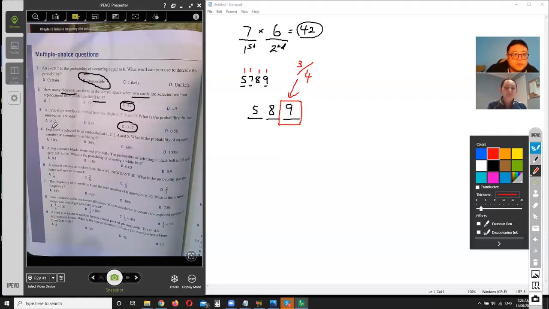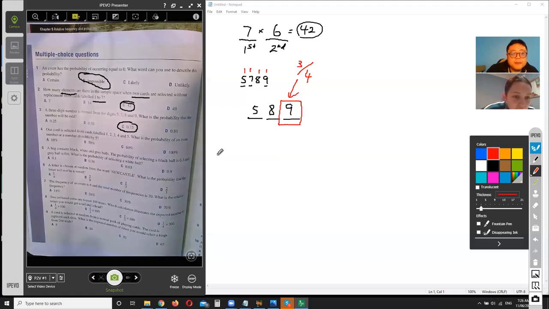One card is selected from cards labeled 1, 2, 3, 4, and 5. What is the probability of an even number or a number divisible by 5? There are 5 numbers, so it's out of 5.